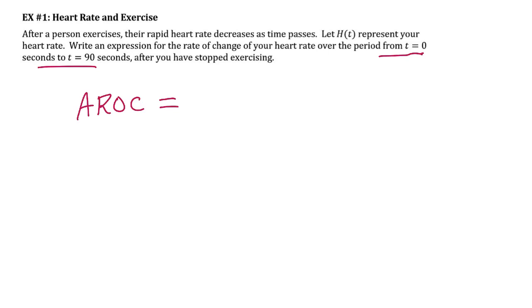You don't have a secant line here. It's not talking about lines. It's talking about heart rates. So for this one, it's still that slope formula, but you've got to stay in context of the problem. So it's going to be your heart rate at 90 minus that heart rate at 0 over 90 minus 0.